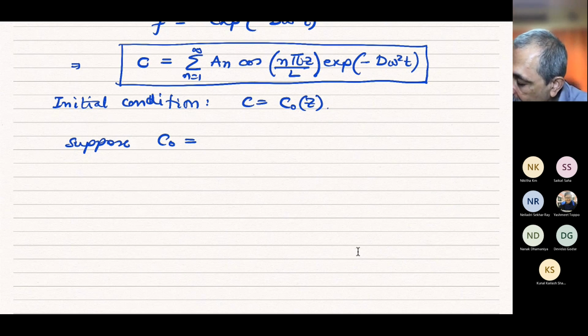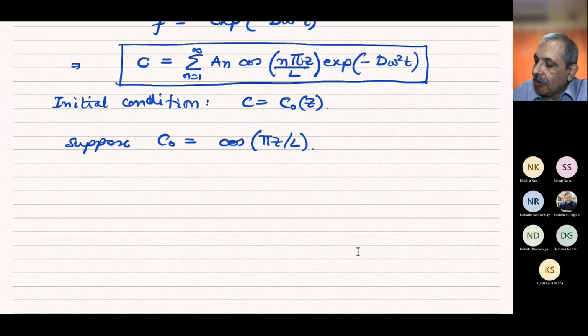Let's say C0 is just equal to cos of pi into z by L. So in this case, you will simply get the solution to be C equal to, now n will only be 1, all the other terms will be 0, since your initial condition is this, so then at all times it will always remain like this.